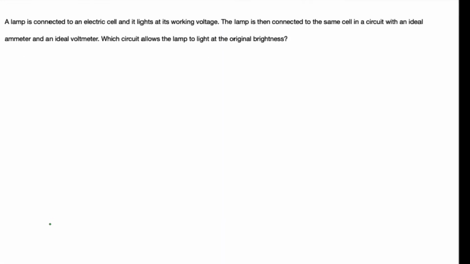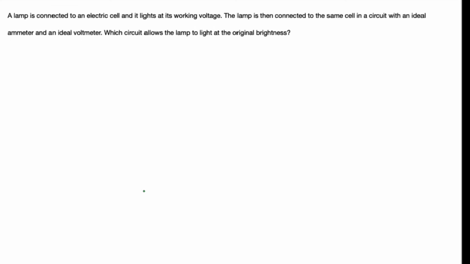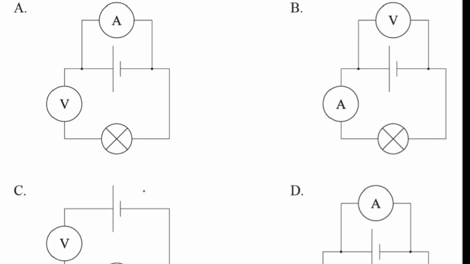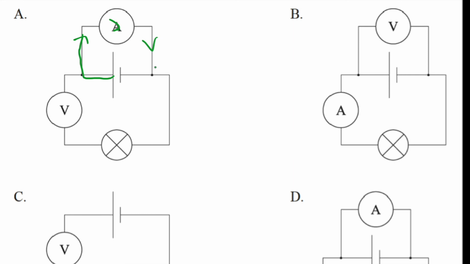A lamp is connected to an electric cell and it lights at a working voltage. The lamp is then connected to the same cell in a circuit with an ideal ammeter and an ideal voltmeter. Which circuit allows the lamp to light at its original brightness? For this circuit here, all current will flow through the ammeter because it has zero resistance, and this is why an ammeter must be connected in series with an electric device.